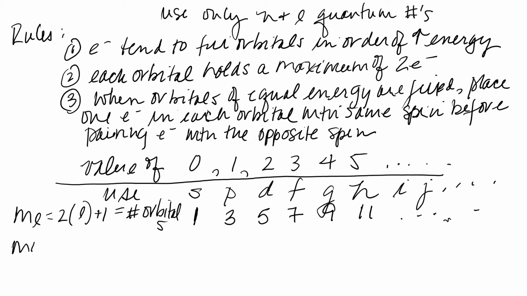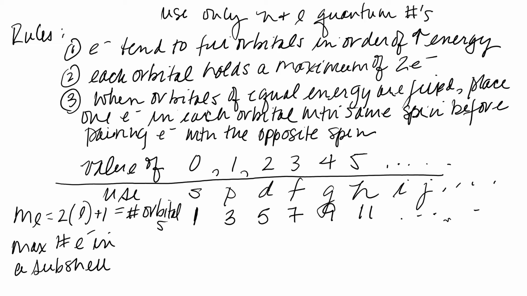And then the maximum number of electrons in a subshell: we know that each orbital contains 2 electrons.